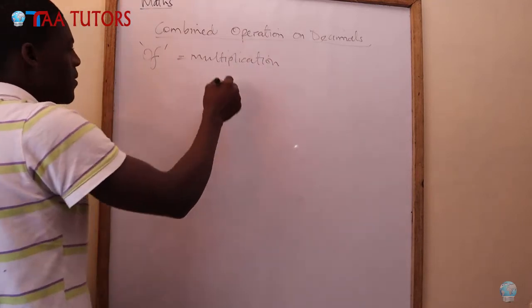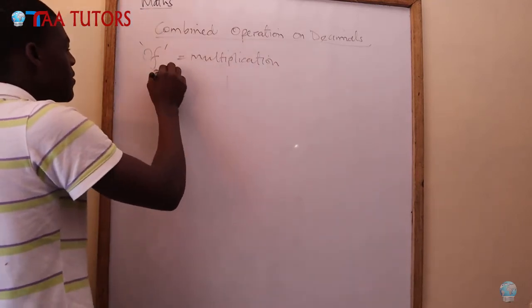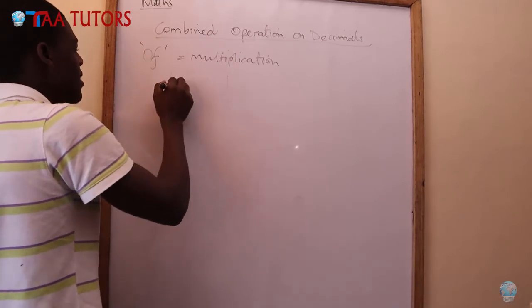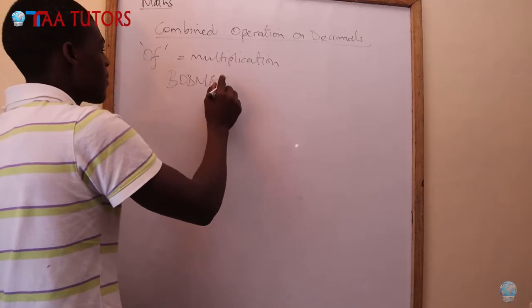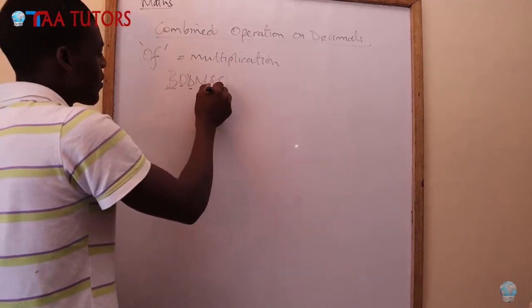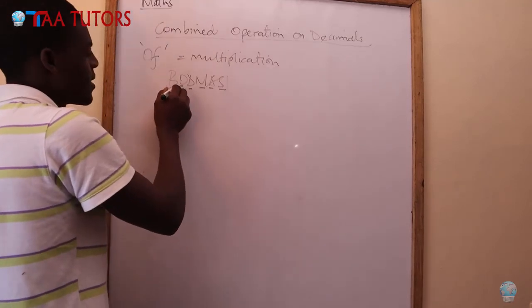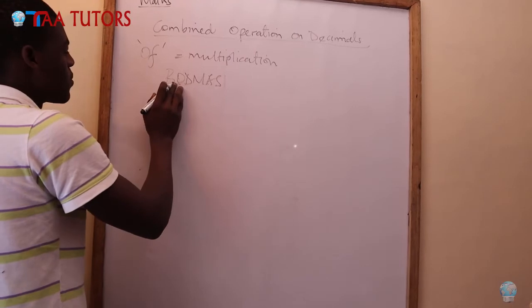So all the 4 operations, bracket and of, are simplified to this, so that we have BODMAS. This one is for bracket, of, division, multiplication, addition, subtraction. Bracket first and subtraction last. So this is what we are going to use.